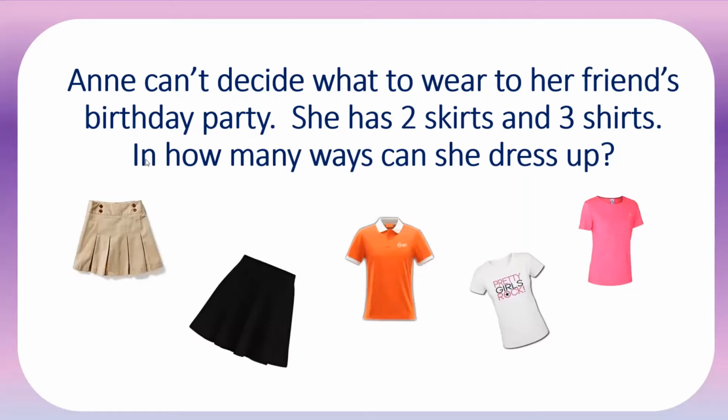Lagyan natin ng letter para hindi malito yung iba. Let me write. Saan yung pansulat ko dito? Ayan. So, let's say this is, anong tawag dito? Brown na lang kasi white tong white t-shirt, orange, this is pink, this is black.